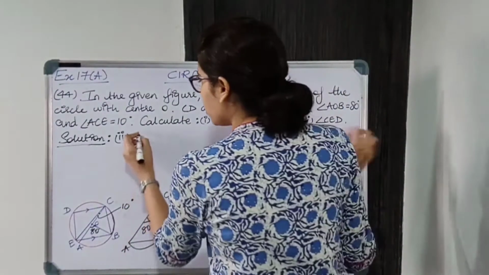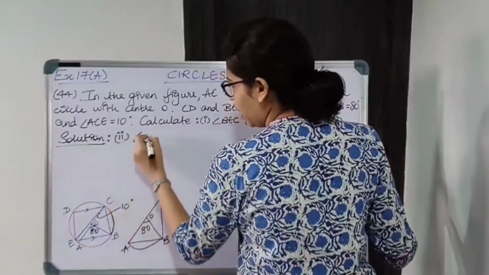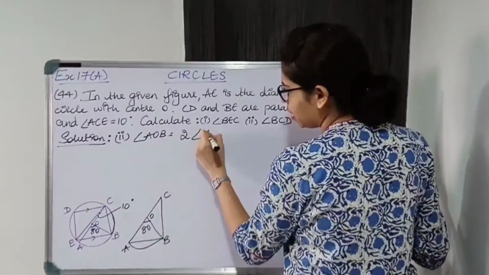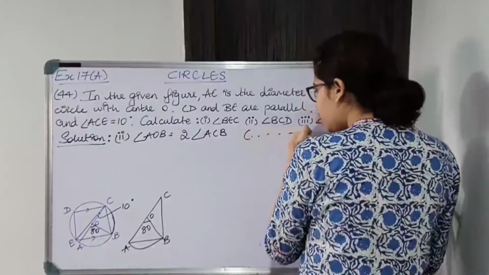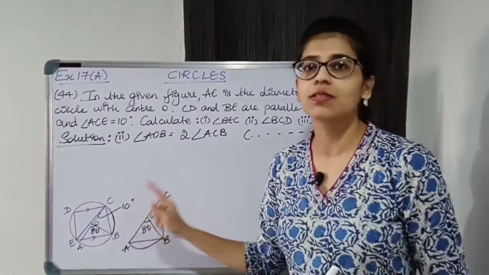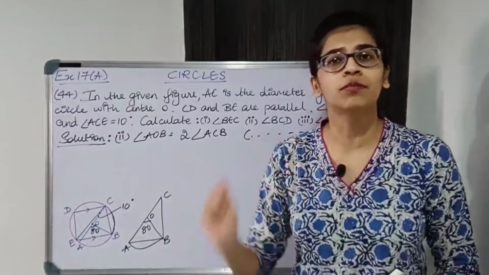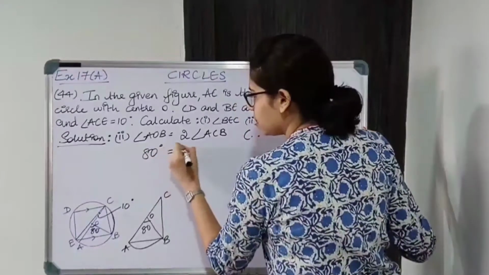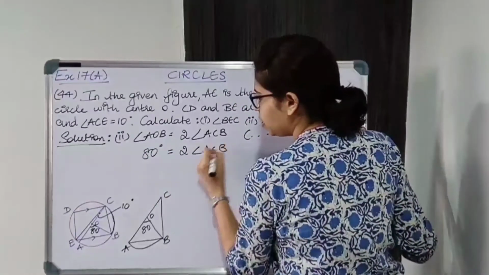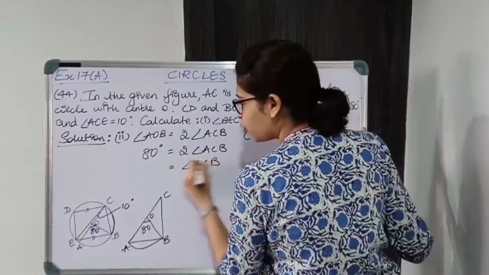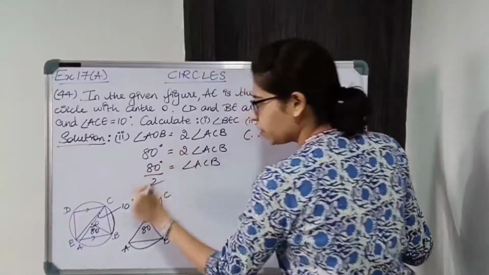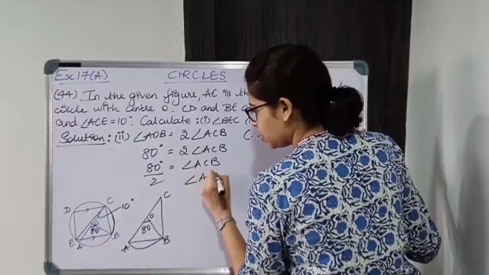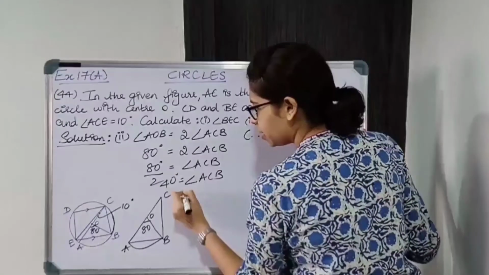So angle AOB is twice angle ACB. Angle subtended at the center is twice the angle subtended on the circumference. Okay, AOB is 80 degrees. So angle ACB will be half of this. Okay, we'll shift to on the other side. So angle ACB is equal to 40 degrees.